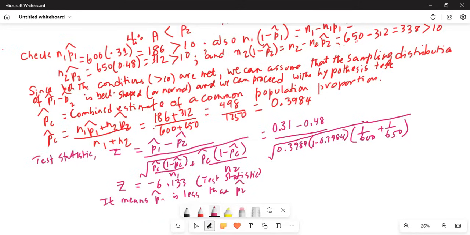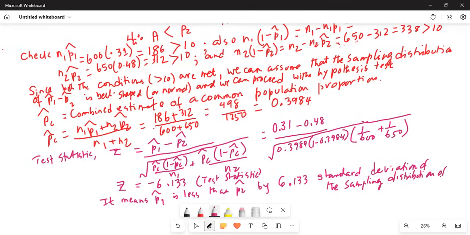The sample proportion of the first group is less than the sample proportion of the second group by 6.133 standard deviations of the sampling distribution of p1 hat minus p2 hat. Okay. Now, is that large enough? Is that difference large enough to reject the null hypothesis?